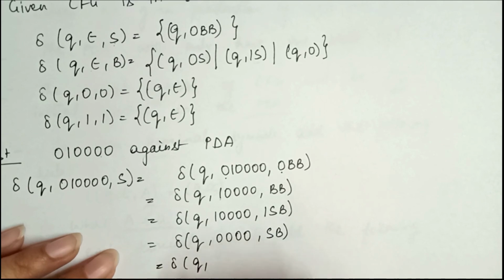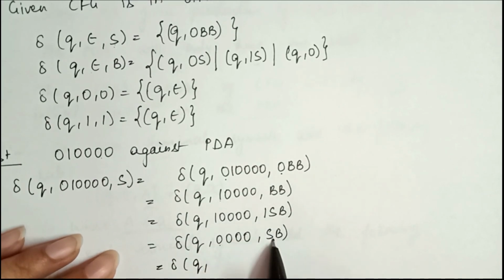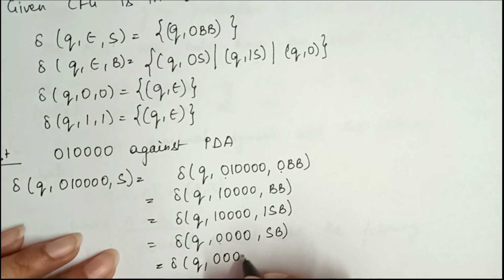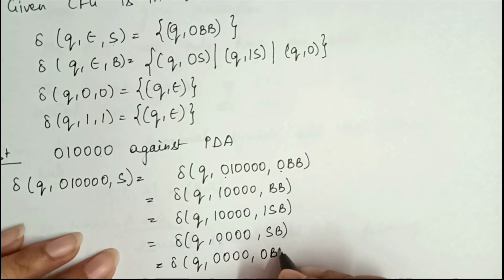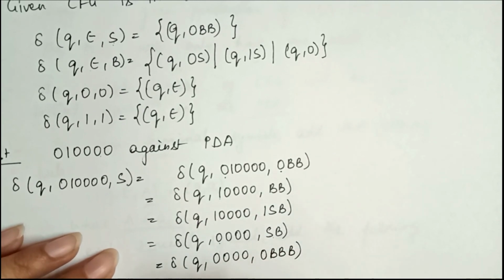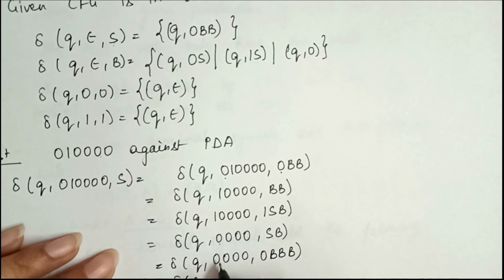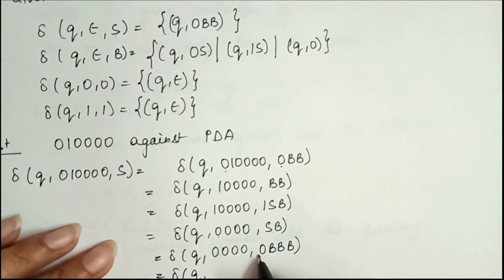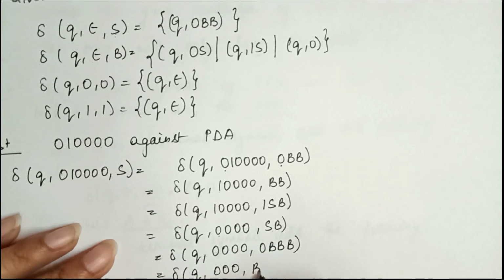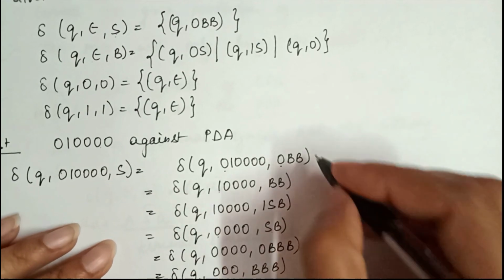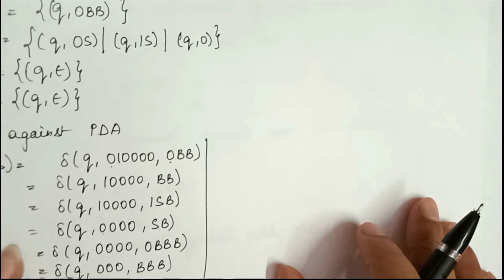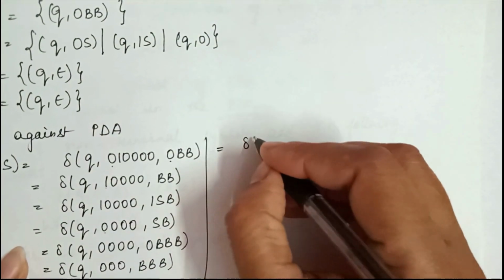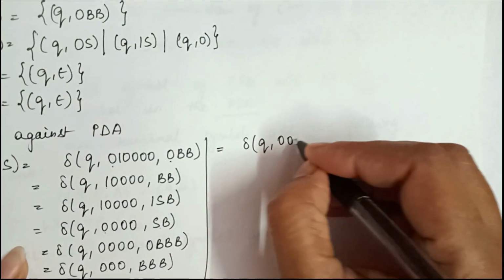Now here the input symbol is 0, so S will become 0 B B, and this B remains. The input symbol is 0 and the top of the stack is 0, so this 0 will pop out and the remaining string becomes like this. Then Q comma 0 0 0.